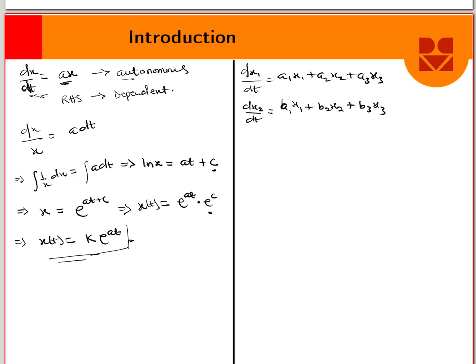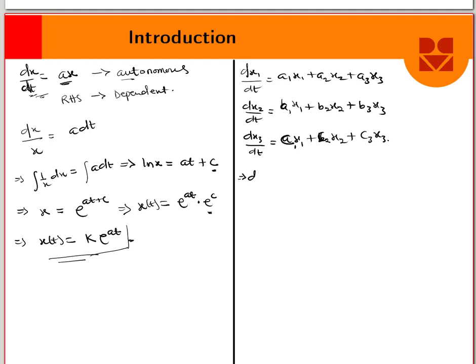And dx3/dt equal to c1 x1 plus c2 x2 plus c3 x3. Now we know that in order to solve systems of equations, an easier way is to rewrite them in a matrix form.